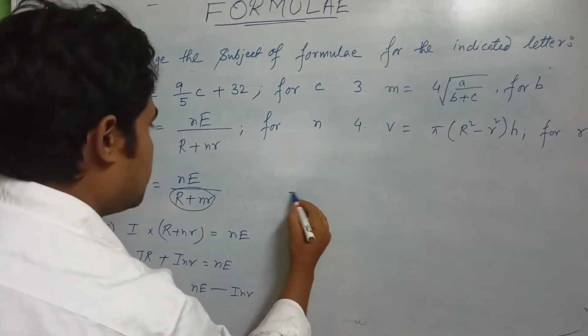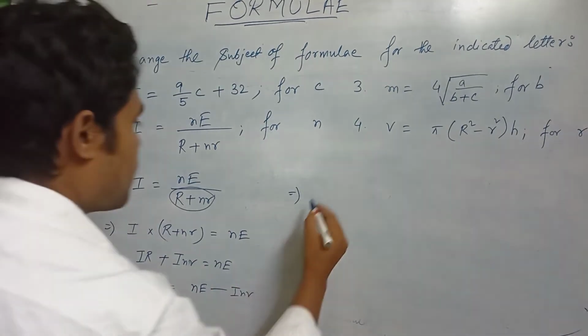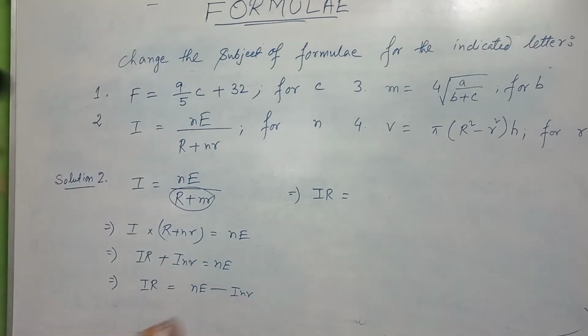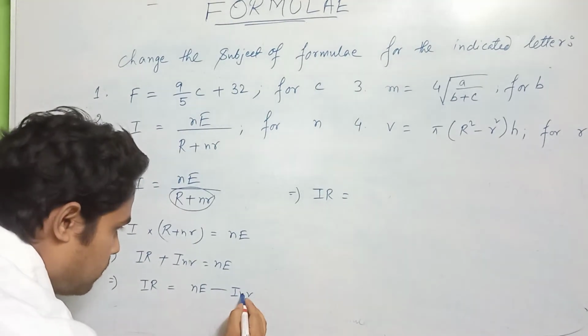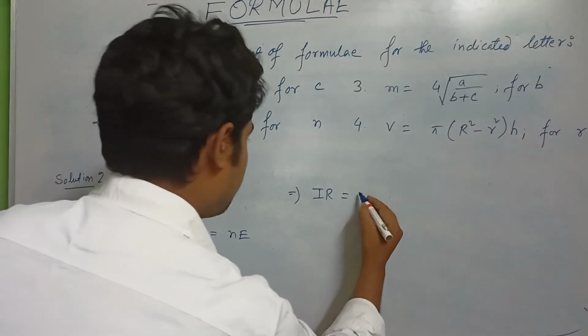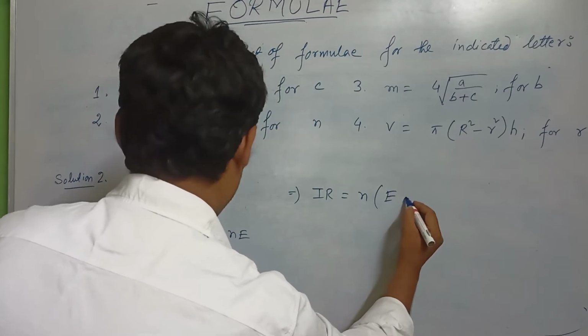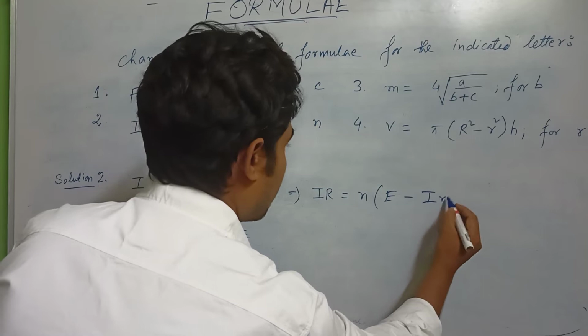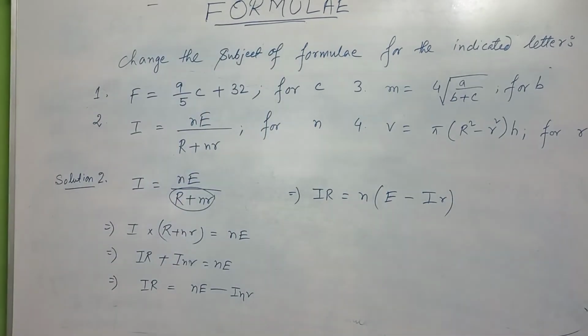Implies, I am writing over here, implies IR equal to, take n as common, E minus capital E minus capital I, then R. Okay.